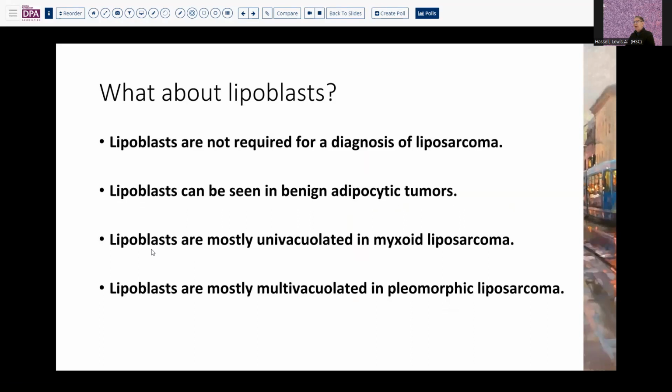In myxoid liposarcoma, the lipoblasts are usually univacuolated, so they're not multiple vacuoles indenting the nucleus. Whereas in pleomorphic liposarcoma, these have a multivacuolated, more characteristic or textbook type of appearance, similar to what we've seen in some of the benign tumors with lipoblasts. So there's a couple of little gems to think about with regard to lipoblasts.